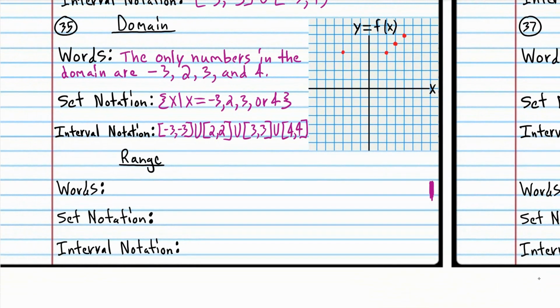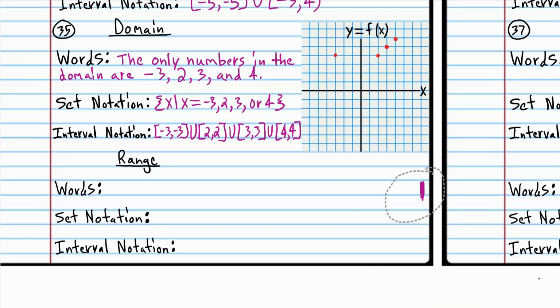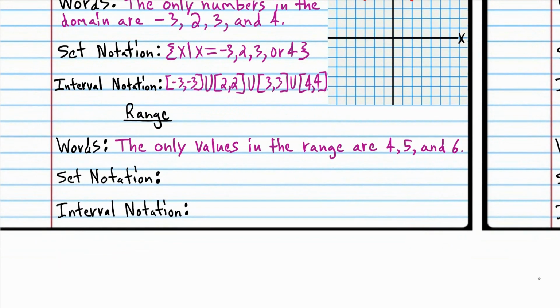Okay, and the range is all the y values of those points. So the only values in the range are 4, 5, and 6, because those are the y values of those points. So in set notation, we say the range is the set of all y values such that y is equal to 4, 5, or 6.